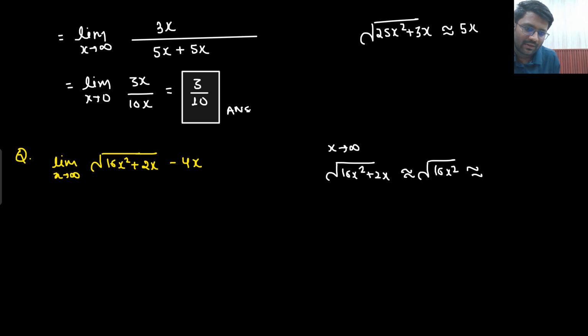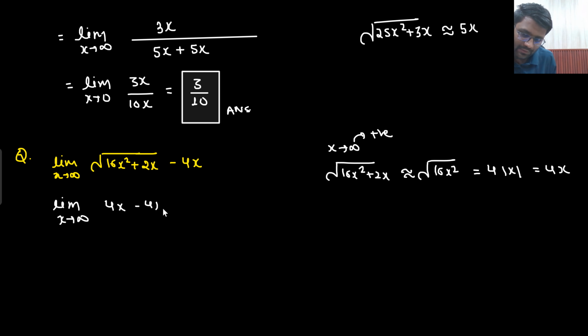That will come out to be 4 mod of x, and since this is a positive value, it could be opened as positive x only. So it could be approximated to 4x only. Again, 4x minus 4x, very large value minus very large value, is simply an infinite minus infinite form only, and here our things are stopping.